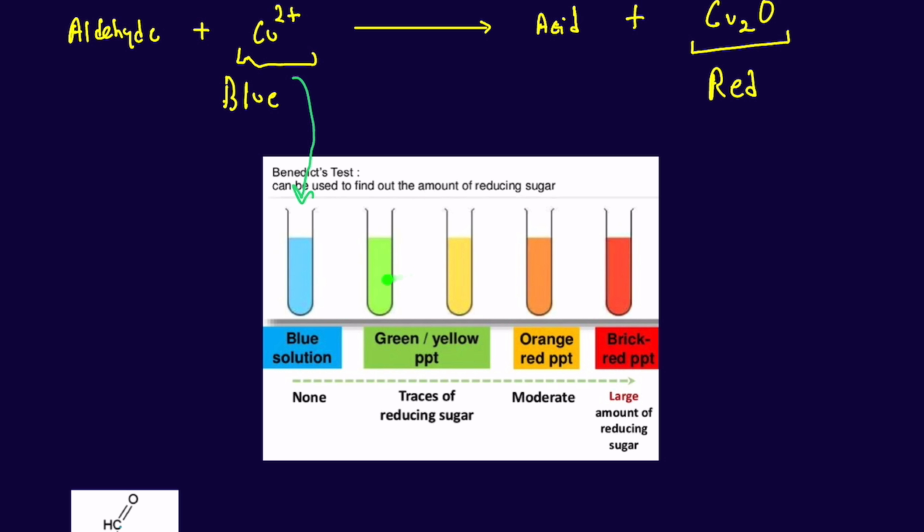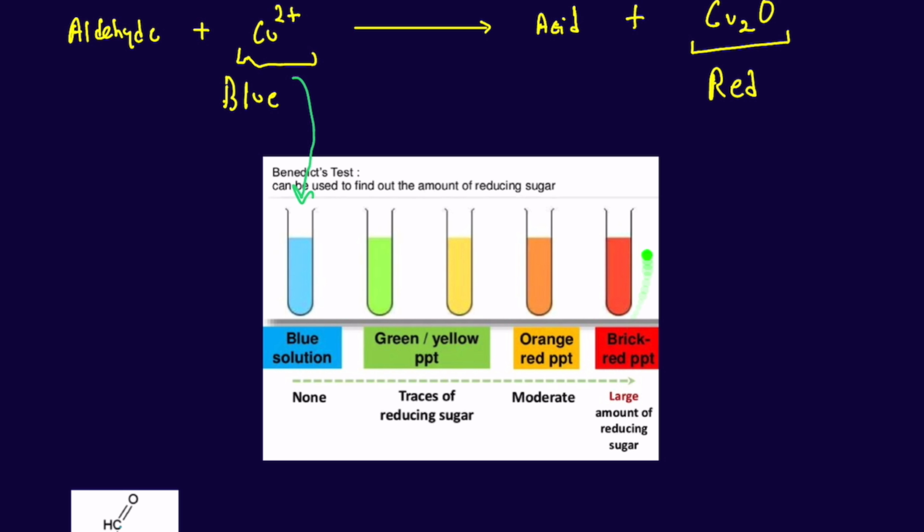That still tells you that we have a small amount of aldehyde in there, maybe not a big amount. But if it does get converted to a really bright red color, that means it has a very large amount of these reducing sugars that contain aldehyde functional groups, reducing sugars being the ones that are able to reduce something else.